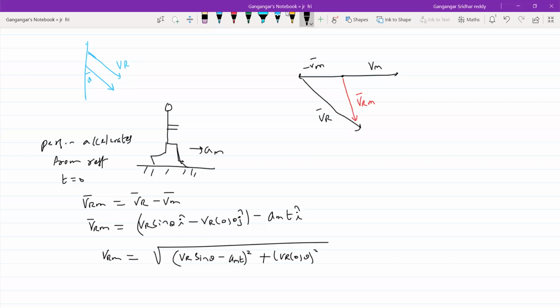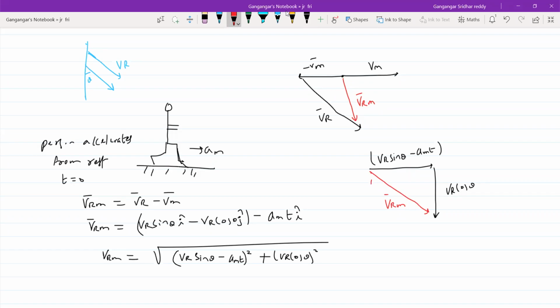It will be VR sine theta minus AMT. VR sine theta minus AMT. So that will come in this direction. This is one component. Then VR cos theta, the other component. So VRM bar will now be in this direction.